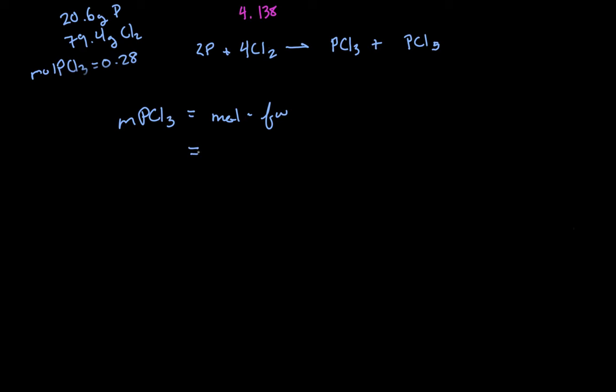You guys are also pros at this. 0.28 moles times the formula weight, which is phosphorus plus 3 chlorine, 137.32 grams per mole, and that gives us a total of 38.45 grams. That is the amount of PCl3.